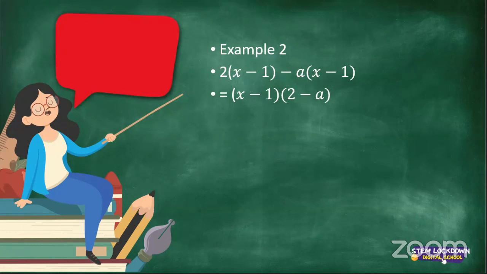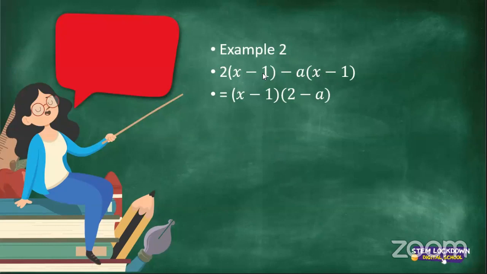it appears twice in these expressions. It appears in the first term where you have 2 into x minus 1. x minus 1 appears again in the second term, which is negative a open bracket x minus 1. Can you see that we have now spoken about x minus 1, which appears twice.